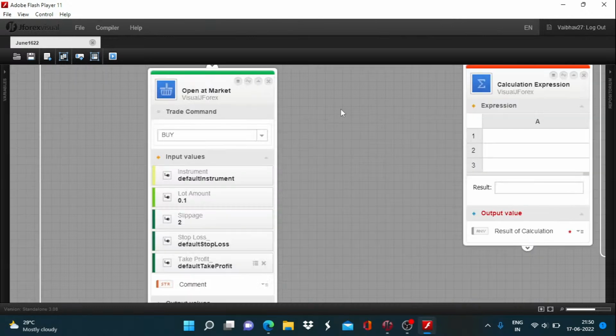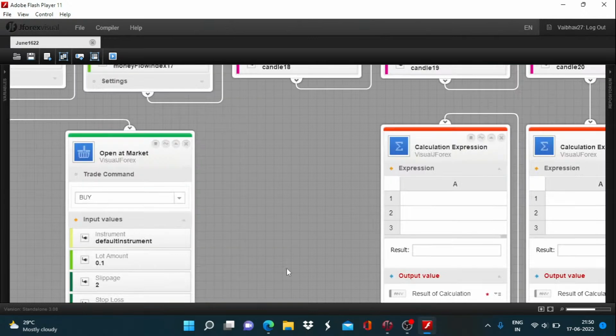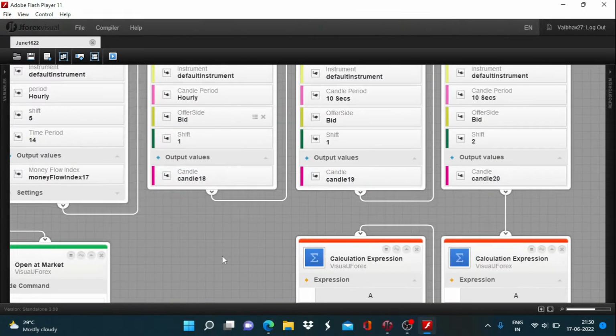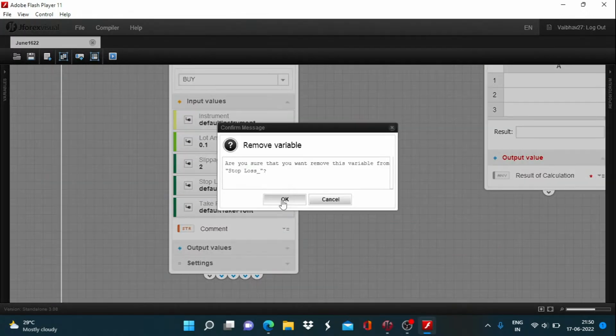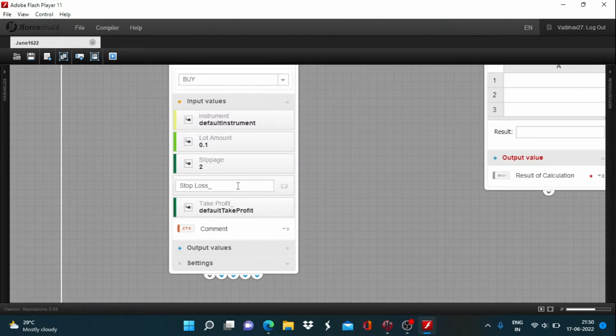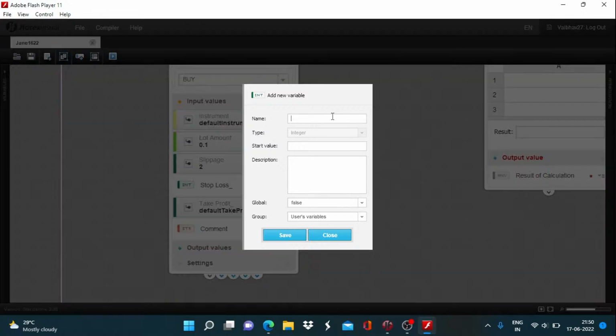Now coming to defining of the stop loss and take profit, I will define these variables here and then we assign these newly created variables to the calculation results.